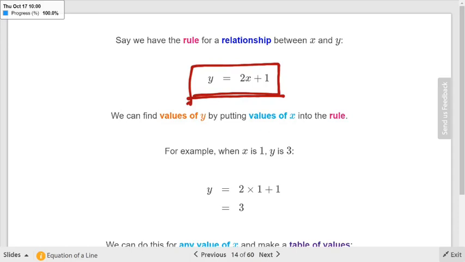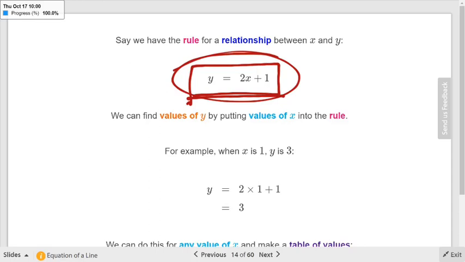Now, we could graph a line by just finding a bunch of points and then plotting them. But there's an easier way. We can instead use this equation to graph the line very quickly and easily.